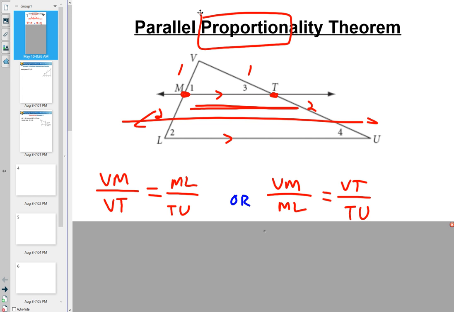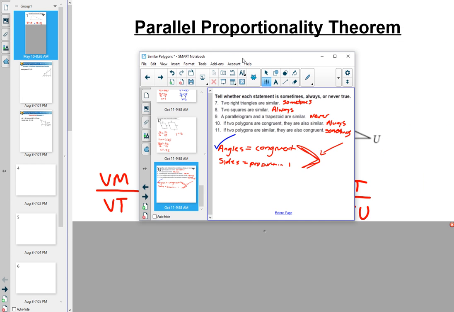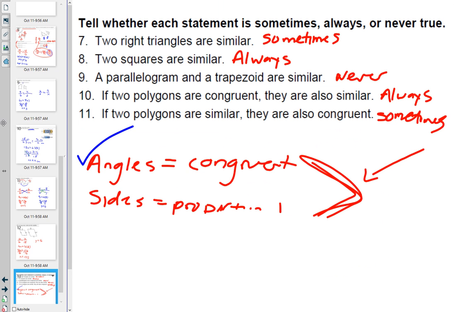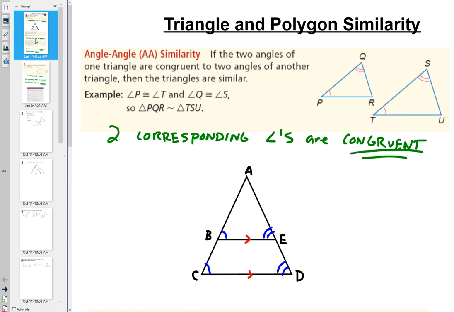Like if you remember on yesterday's notes, I do have yesterday's notes available because we just went over them. And I think I even alluded to this yesterday. There was a diagram that was given to you at the beginning that looked like this. At the time I said, hey look, if you need to find the missing side here, split these up into two.